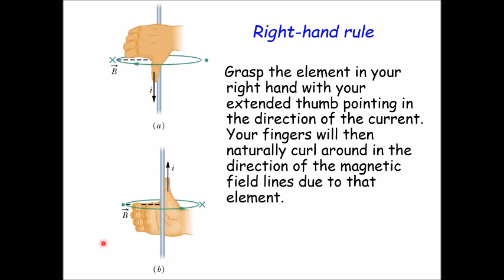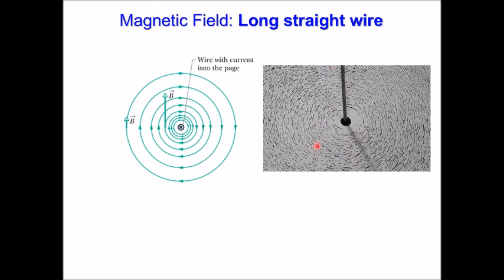If you take the opposite situation, you orient your thumb along the current direction, and here your fingers are pointing out of the page, and here your fingers will be pointing into the page. That's what gives you the direction of the magnetic field. If we have a wire here, we saw before in an experiment that the magnetic field lines are circulating the wire.